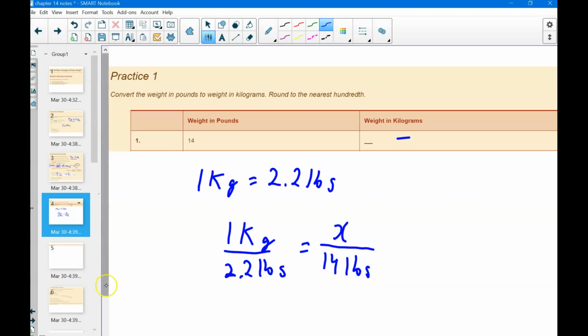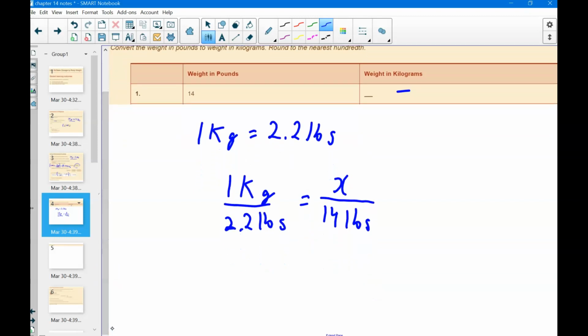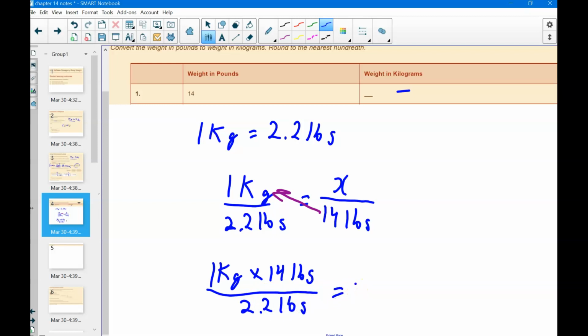And I'm simply going to cross multiply using the shortcut method. I'm going to take this one, times it by that one. So it's going to look like this: 1 kg multiplied by 14 pounds divided by 2.2 equals x.